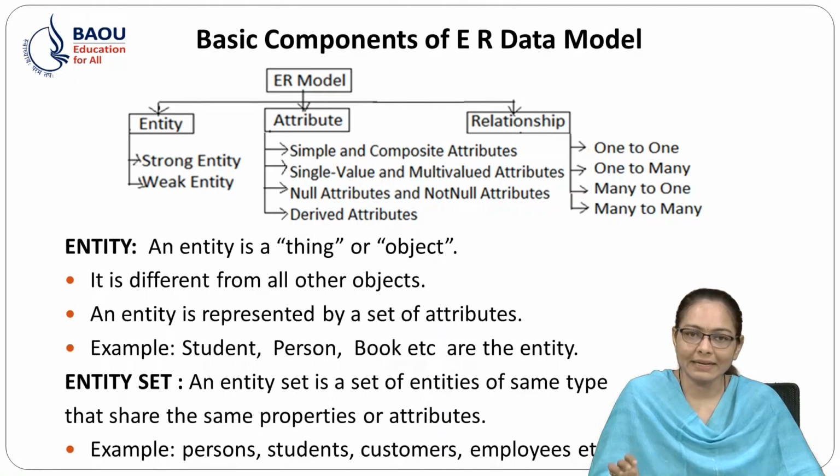Here, entity set means not only a single person, but a group of persons, not a single student, but a group of students is called an entity set. A single student is an entity and a group of students is called an entity set.